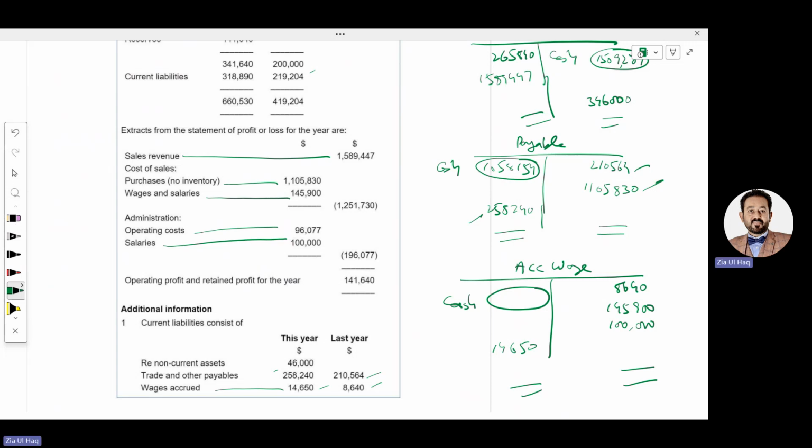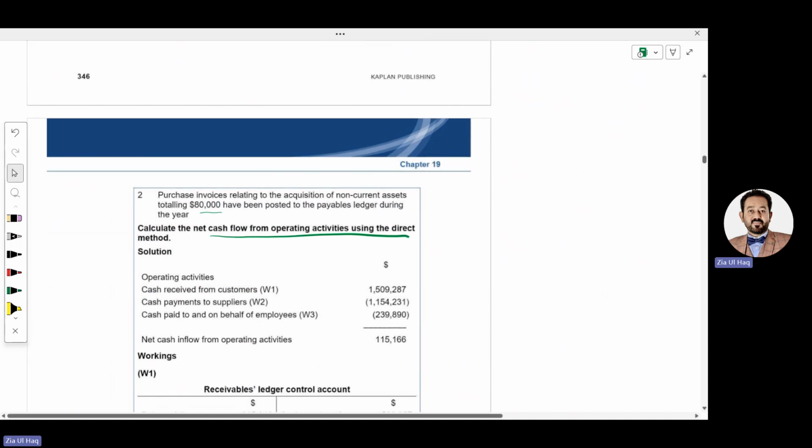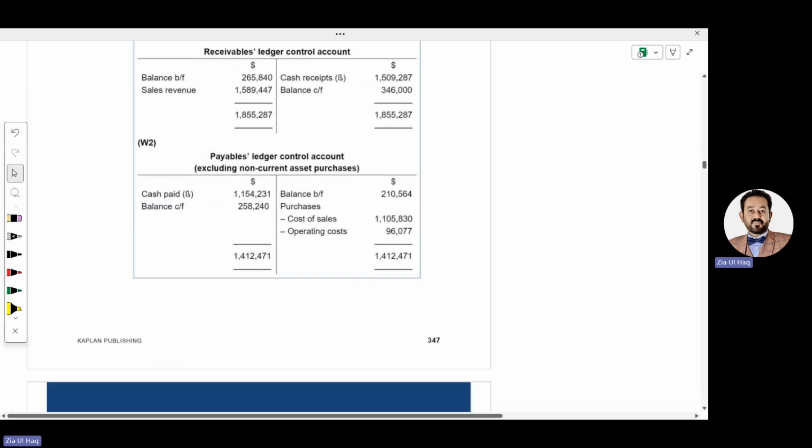How much is that? 893,890. So this is cash receipt, this is payment, this is payment. Through this, we can calculate cash flow from operations. There is no interest paid and no tax paid, so that's fine.